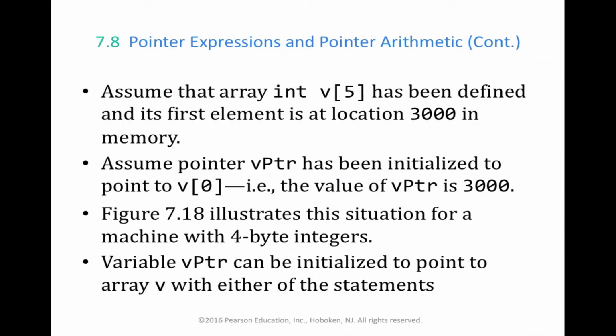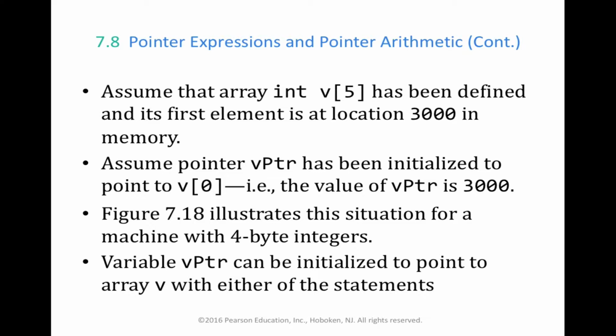Let's assume we have an array of integers called v. It's got 5 items. The first item is located at location 3000 in memory. Then we have vptr, which has been initialized to point to v index 0. So vptr is also pointing to 3000. The next image that we're going to look at illustrates the situation for a machine with a 4-byte integer.